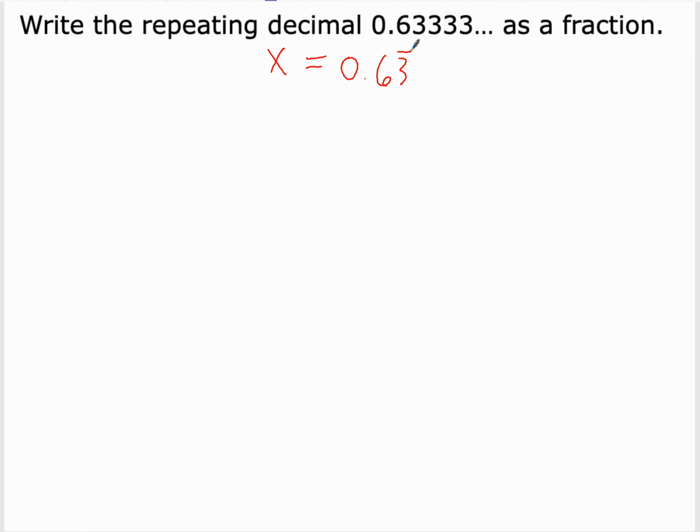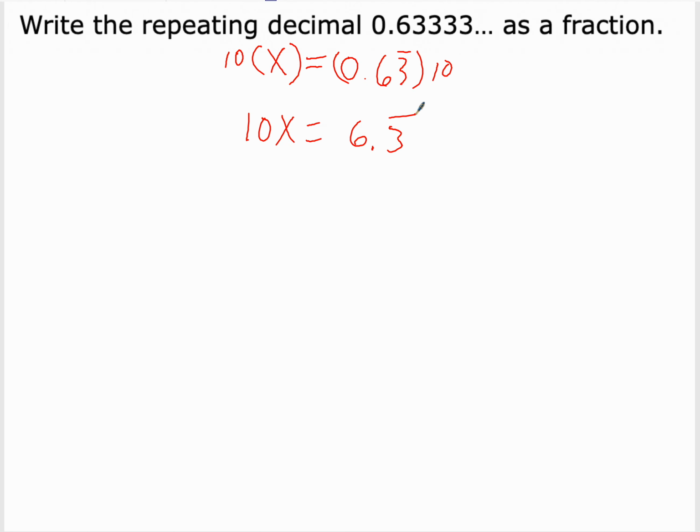And what's my first move now that I have my equation, Emery? Multiply both by 10. That's exactly right. So 10x, and when we multiply by 10, it moves the decimal over once. So 6.3 repeating.